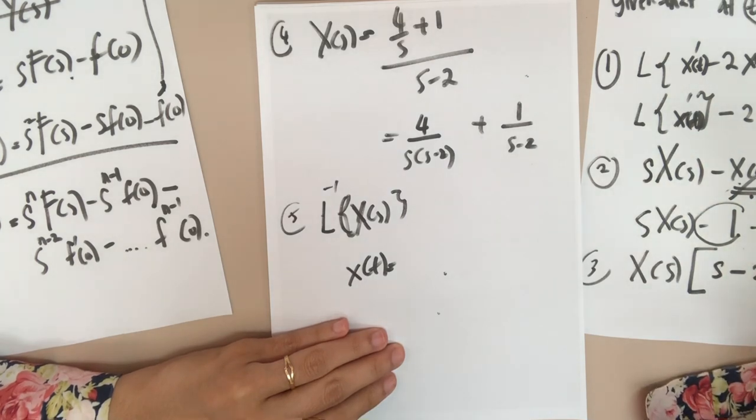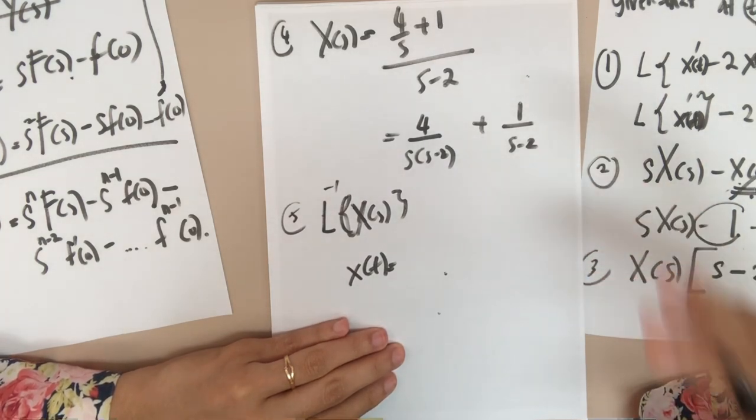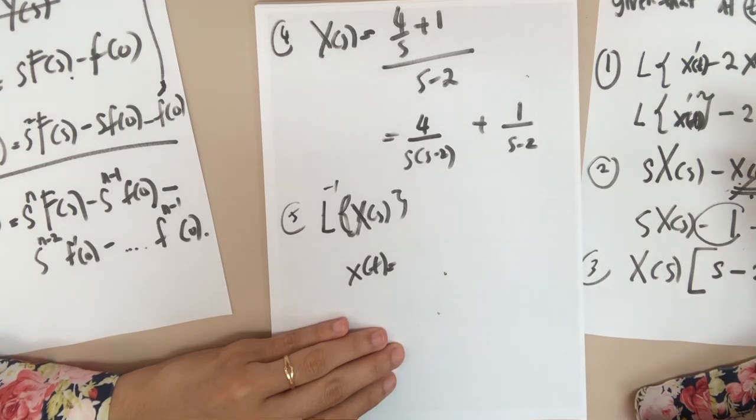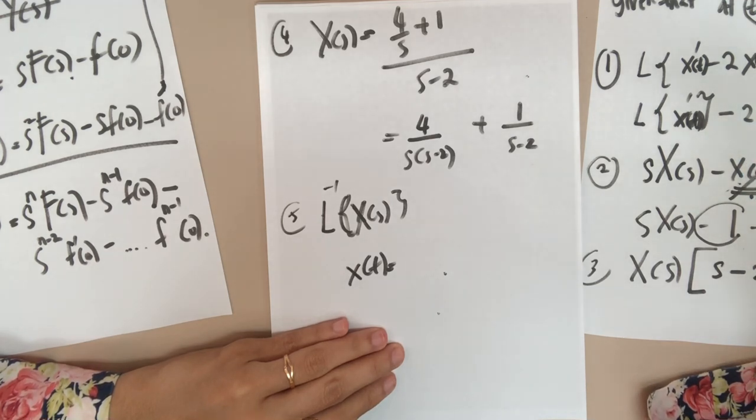Either you use the table directly, if you can get the answer directly from the table. If not, you can use the convolution theorem.